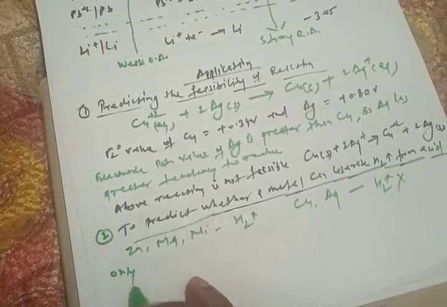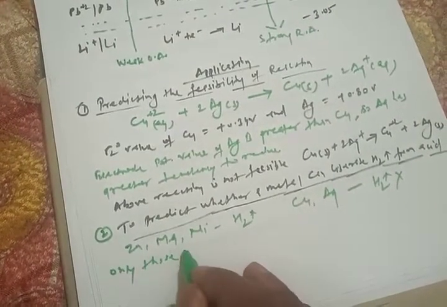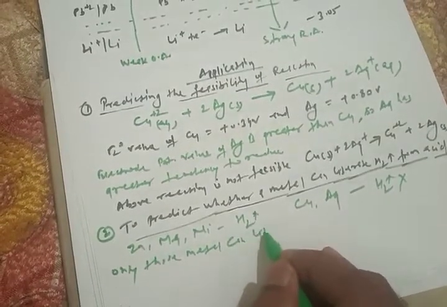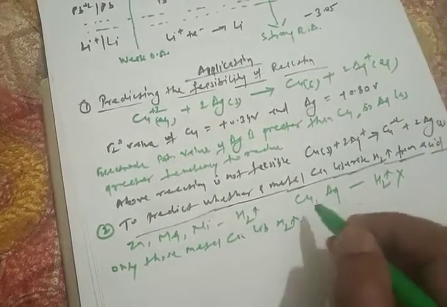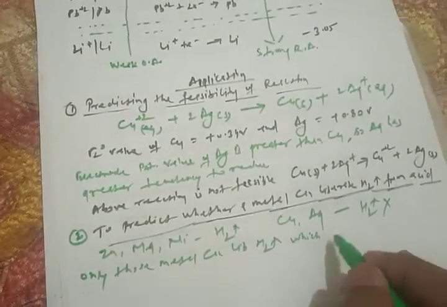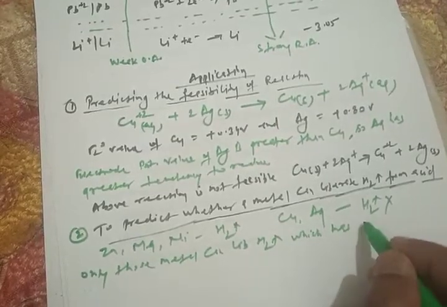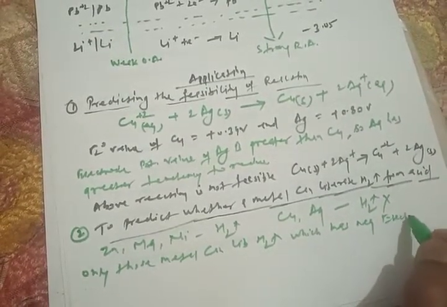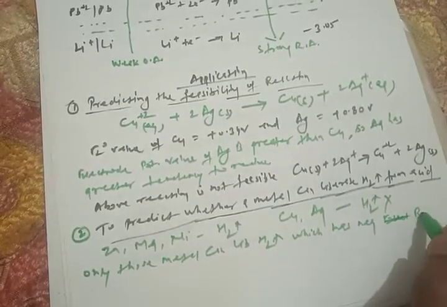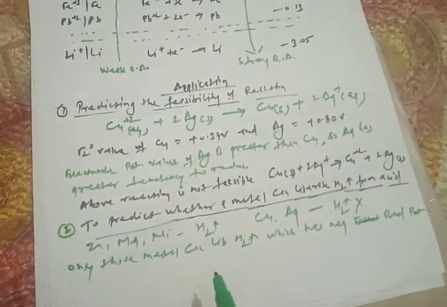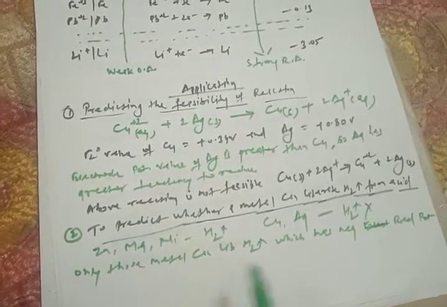Only those metals which have negative reduction potential can liberate hydrogen. So any metal which has a negative electrode potential will liberate hydrogen.